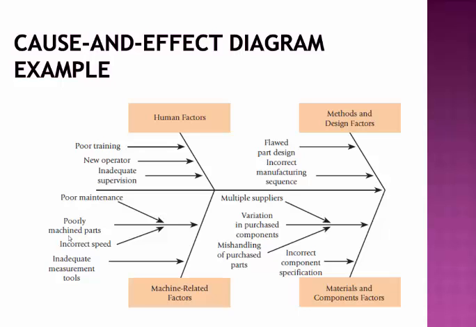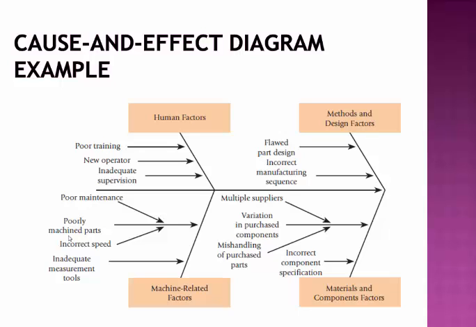Regarding materials and components factors, recall what I've said about procurement and evaluating those suppliers in advance. Could the product that they are sending us, that we are putting into the process, cause our problem? Do we have multiple suppliers? Are we getting the same type of quality from all of those?